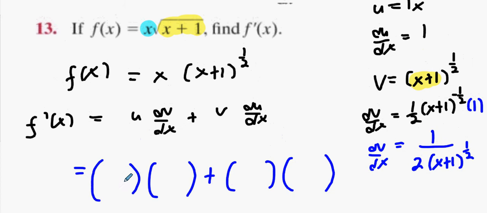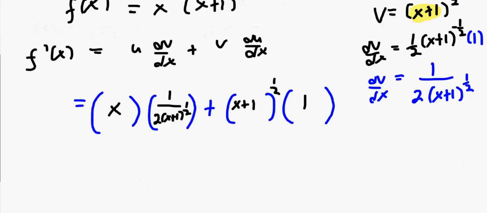U equals x. dv/dx is 1 over 2 (x + 1) to the power of a half. V is (x + 1) to the power of a half. And du/dx is 1.